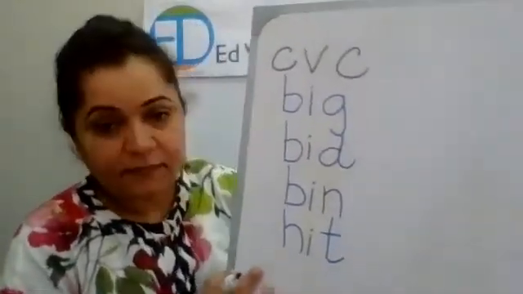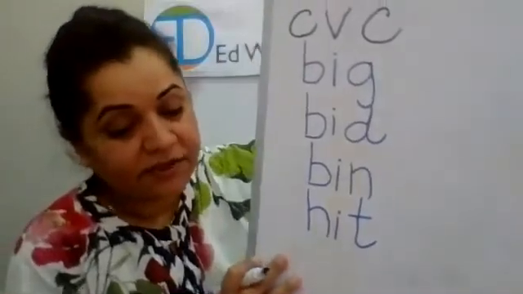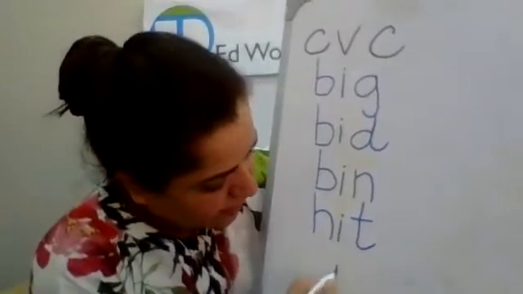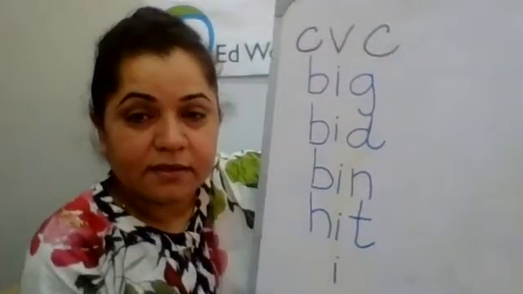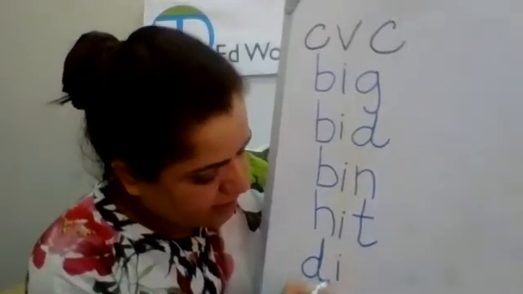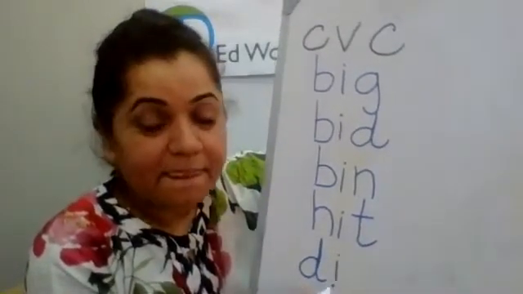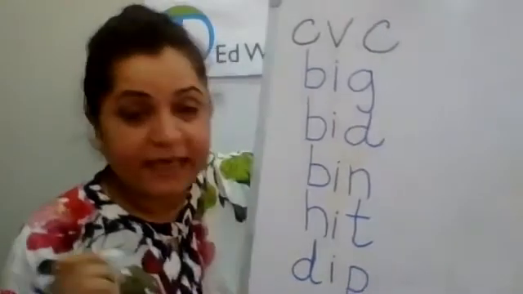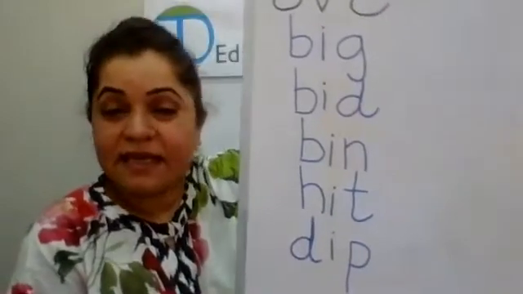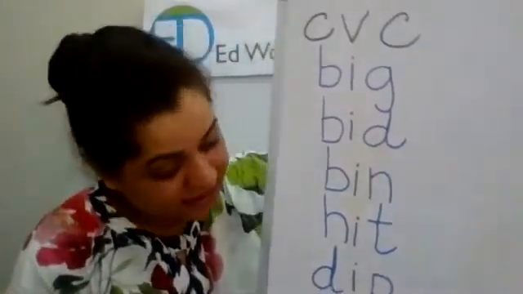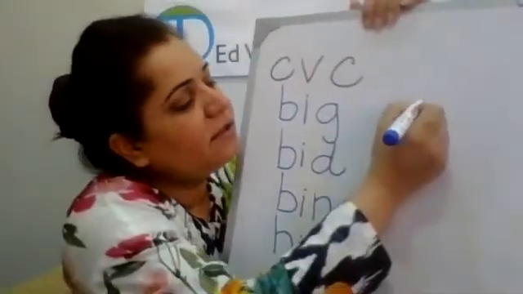Now we'll write another over here. I'll write I over here. D. Okay, I'm going to write D, D, I. P. Yay, D-I-P, dip. Yes, very, very good.